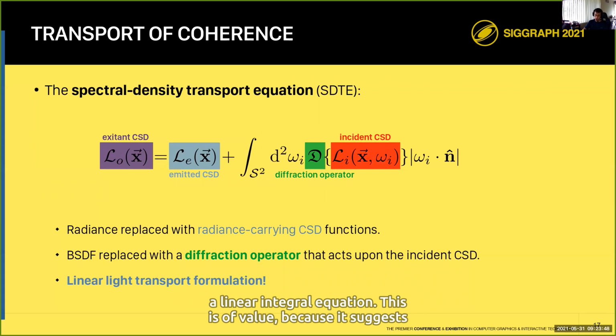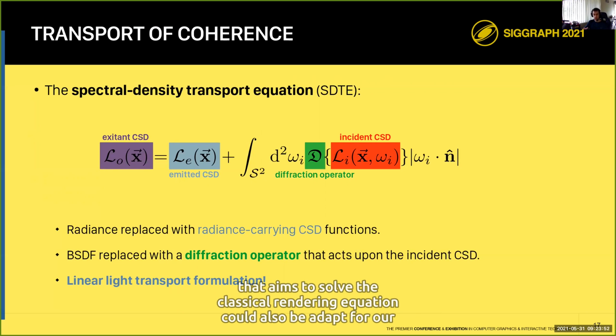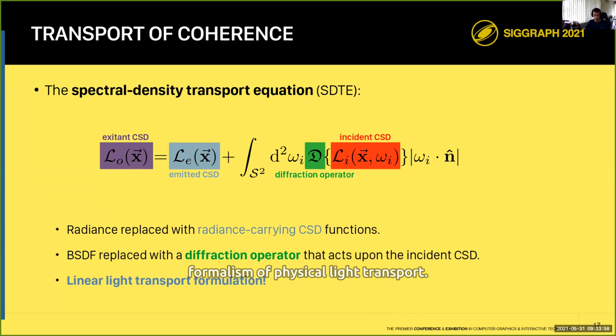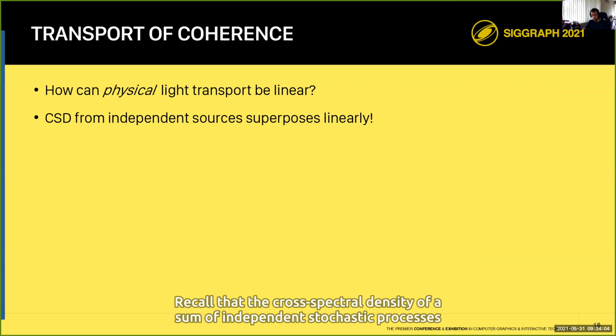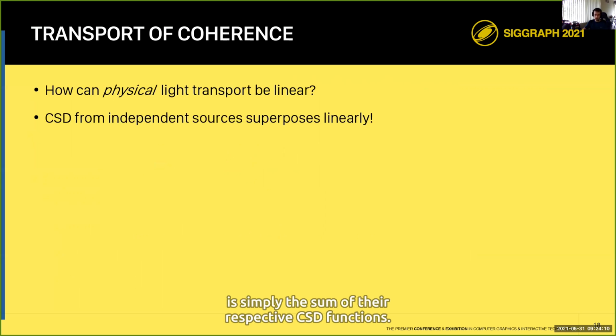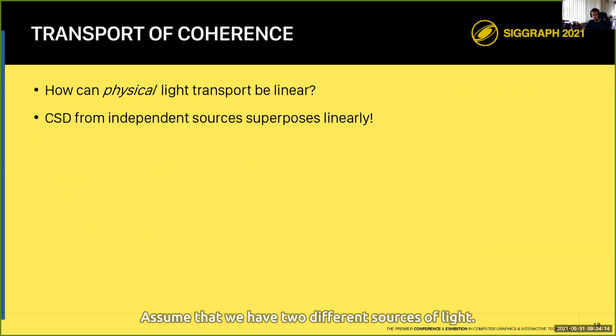This is of value because it suggests that some of the state-of-the-art that aims to solve the classical rendering equation could also be adapted for our formalism of physical light transport. So how come this equation remains linear? Recall that the cross-spectral density of a sum of independent stochastic processes is simply the sum of their respective CSD functions. Assume that we have two different sources of light.